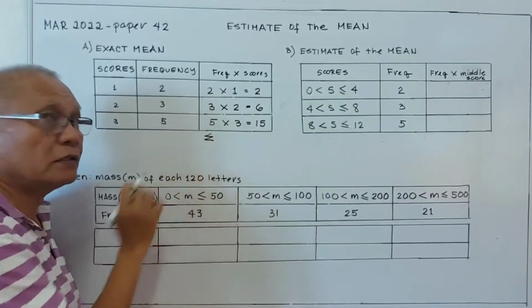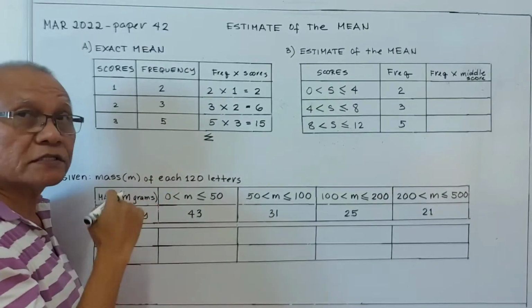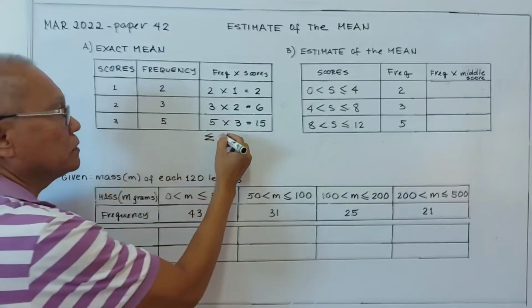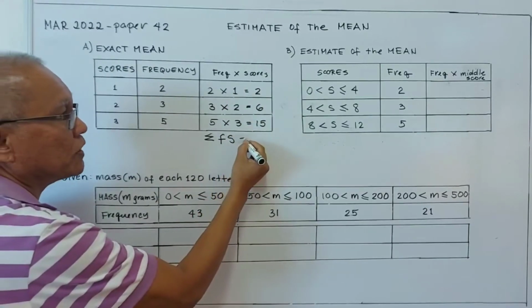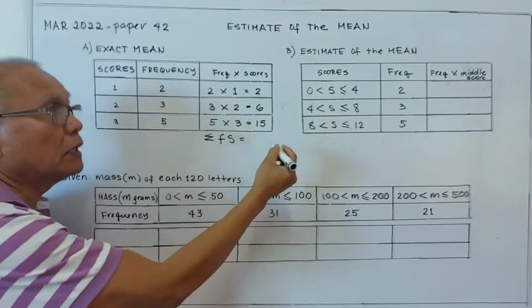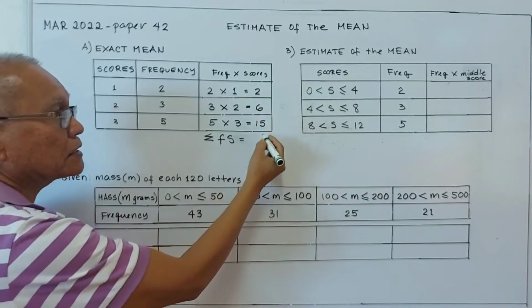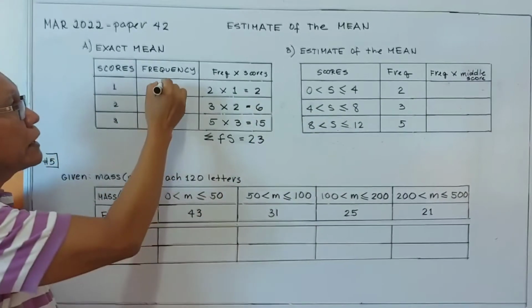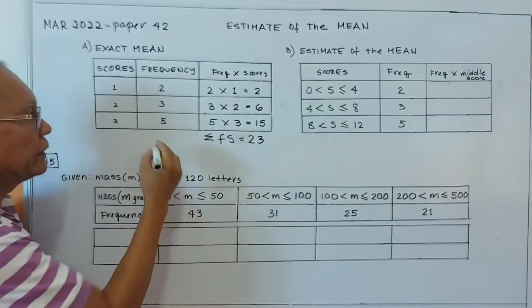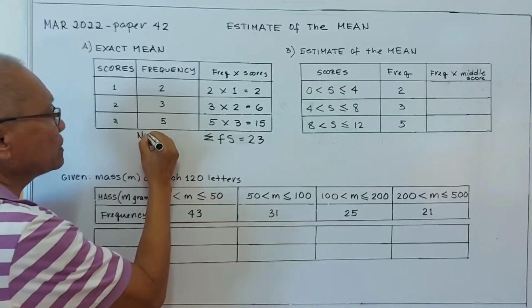The symbol sigma means sum or total, and then we write the frequency and the score, summation fx. Then we add 2 plus 6, 8 plus 15 is 23. Now we should get the total of the frequency, and that is represented by n.